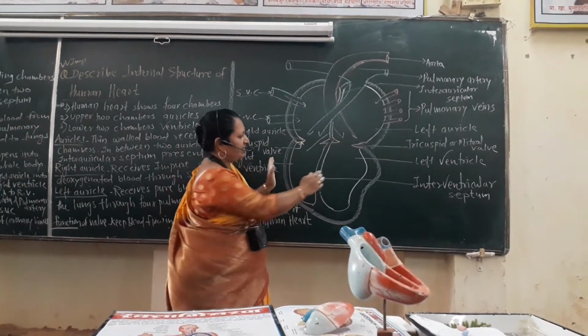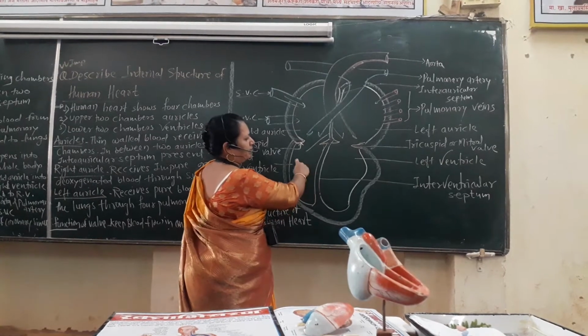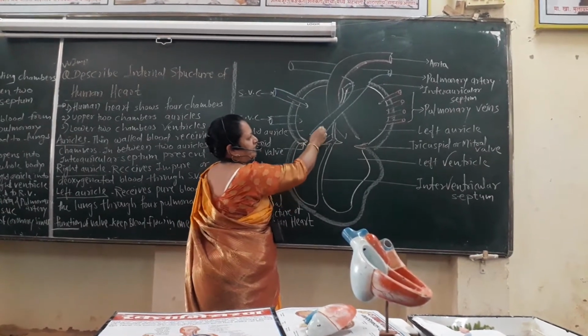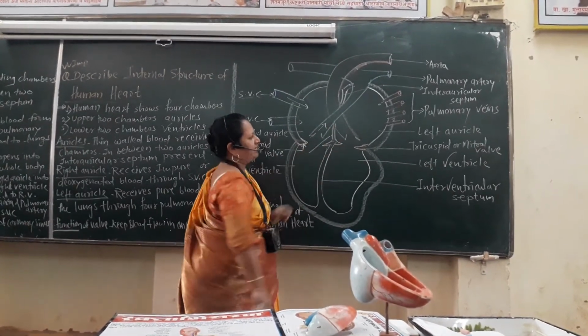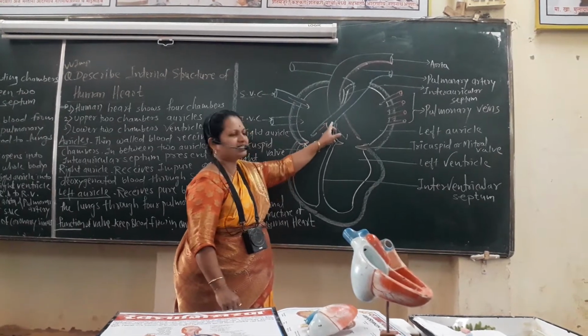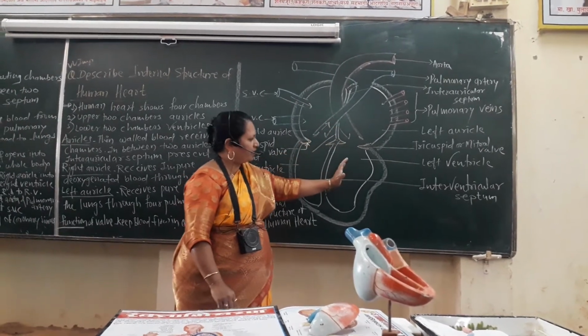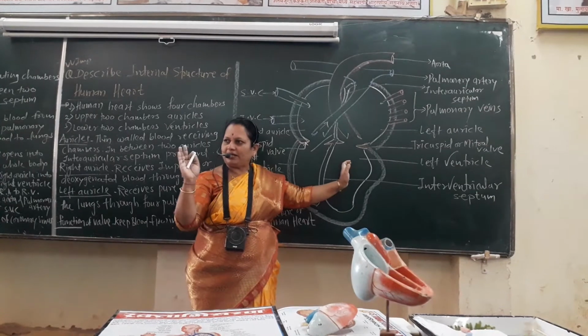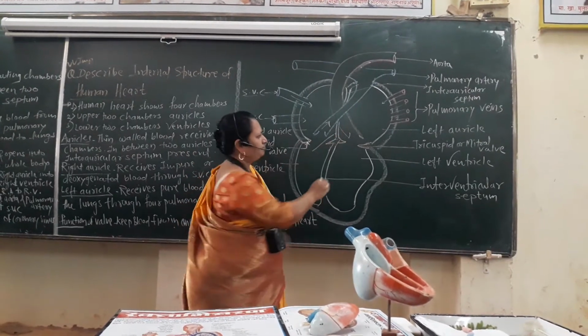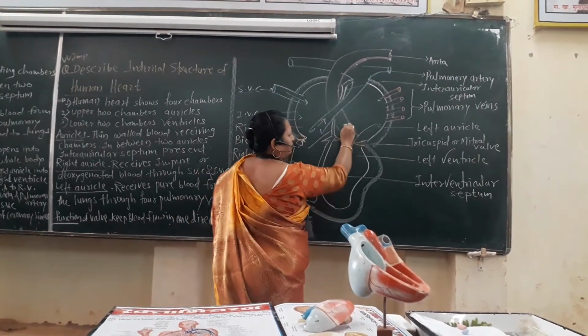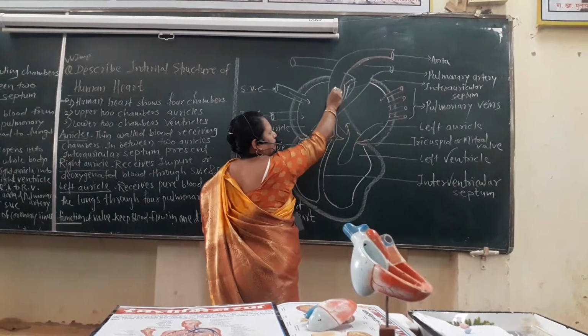Because when the ventricles contract, the impure blood from the right ventricle enters the pulmonary artery, which supplies impure blood to the lungs for purification, while pure blood from the left ventricle enters the aorta, and that aorta supplies pure blood to the whole body.